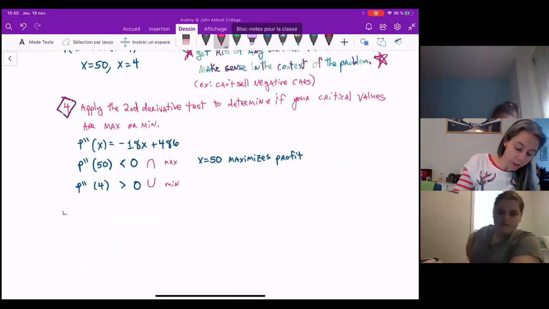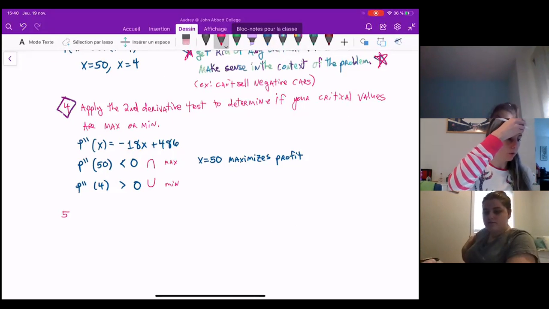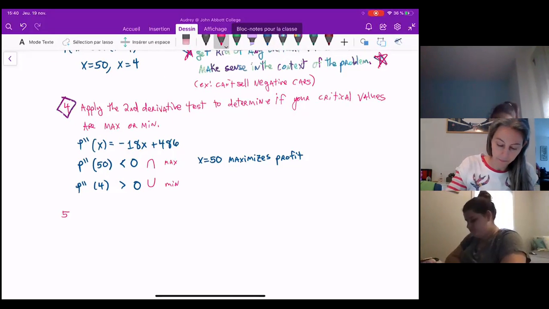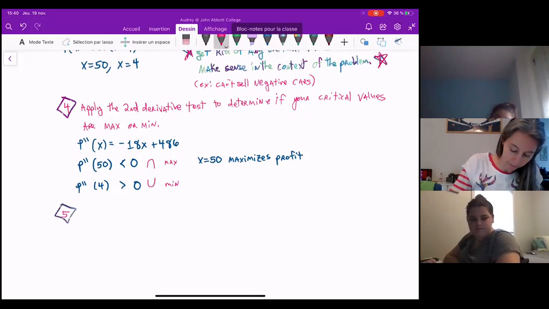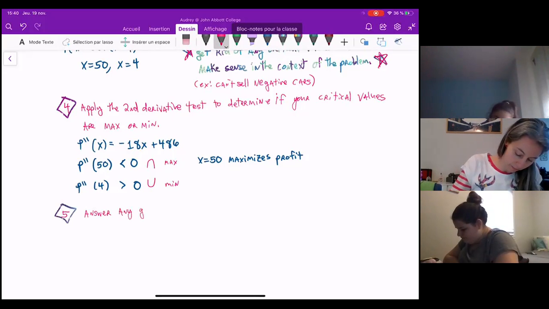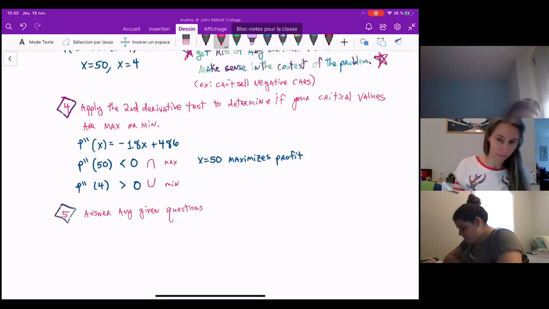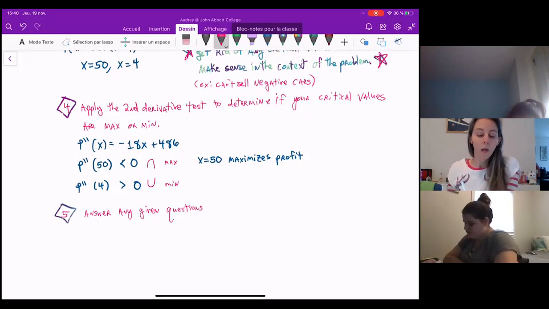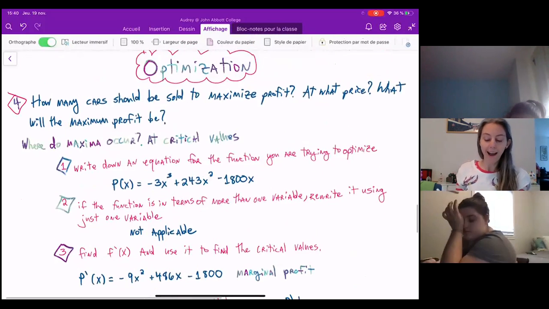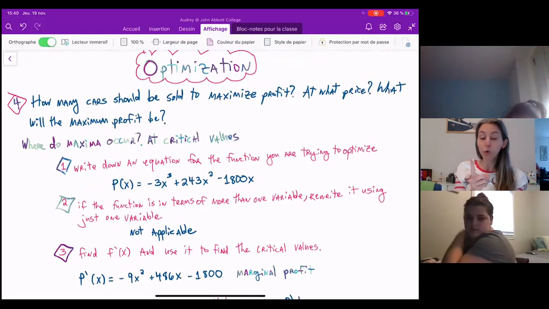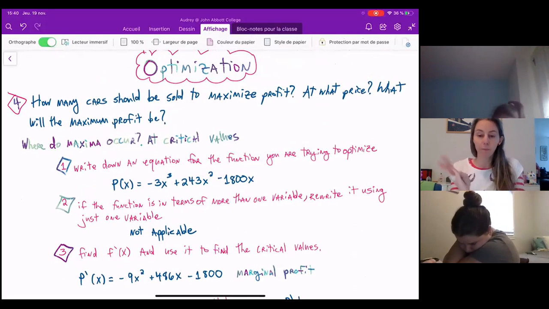And then my final step is to answer the question asked. So answer any given questions. In this particular example, we were asked how many cars should be sold to maximize profit, at what price, and what will maximum profit be?